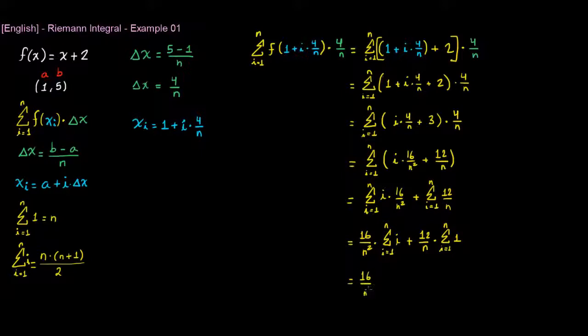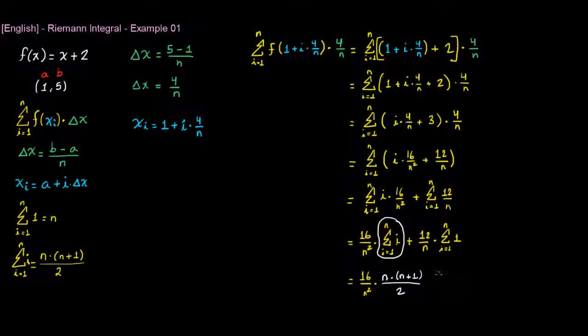It's going to be 16 over n squared times, let's use a different color here just to make sure what I'm doing, n times (n plus 1) over 2.